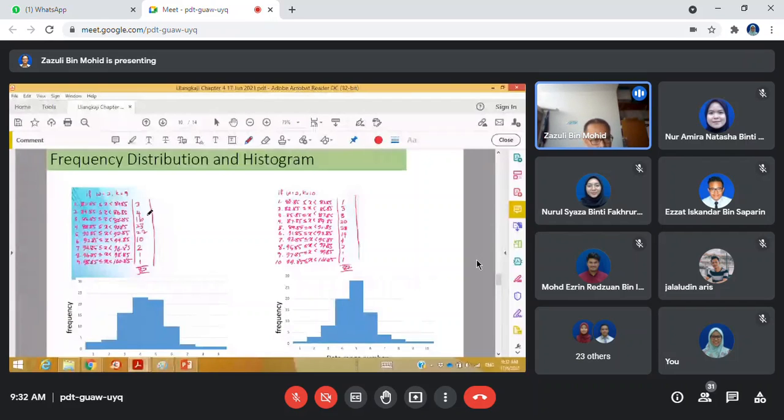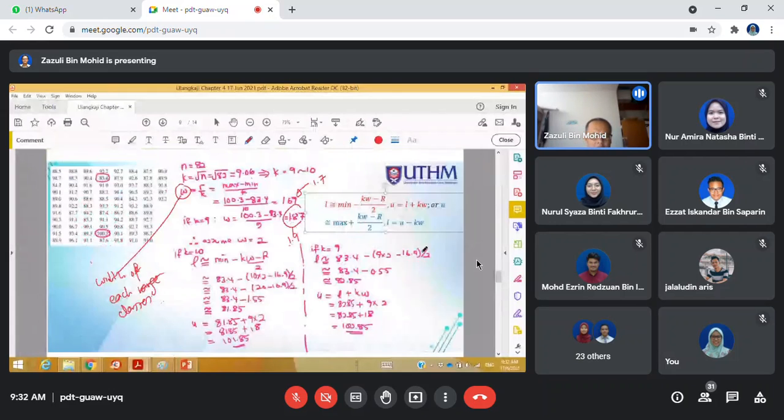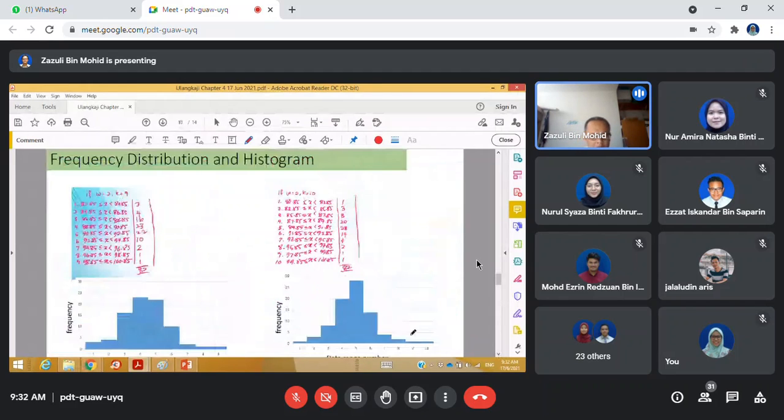In this case, the W was taken as 2. When you assume W as 2, it is much easier for us to calculate and easier for us to draw the histogram. Then we have data like this.